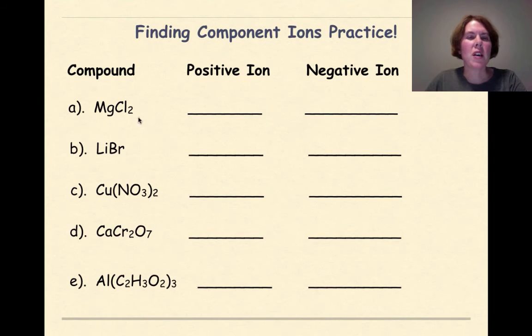So MgCl2. My positive ion has got to be the Mg because that's the metal, and it's got to be positive, some positive ion, so I'm going to come back to that. And Cl has to be my negative ion, and the only negative charge that Cl can have on your reference table is -1.